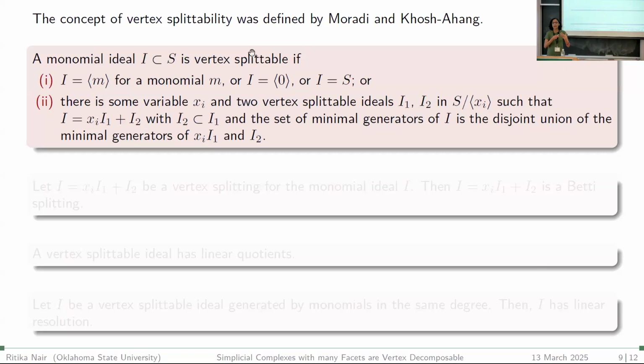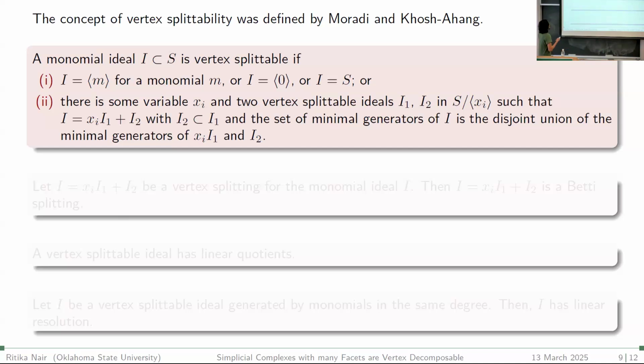So you can split the ideal and write it as a sum of two ideals, such that the set of minimal generators of I is a disjoint union of the sets of minimal generators of these two, and I2 is contained in I1. If this condition is satisfied, we say that our ideal is vertex splittable. You can split and write it in this way.